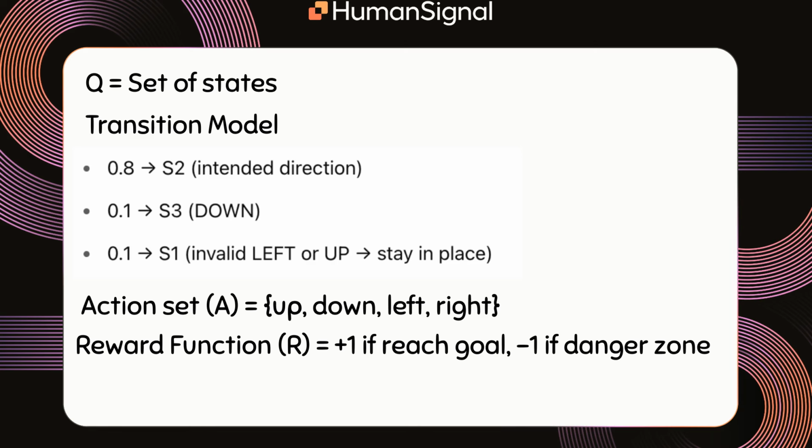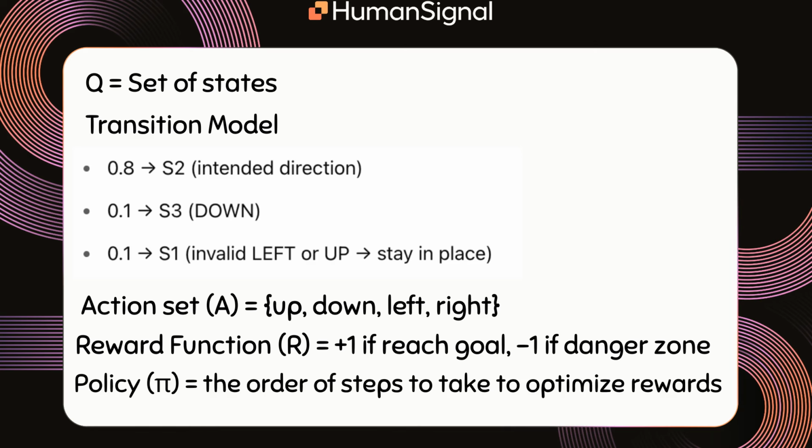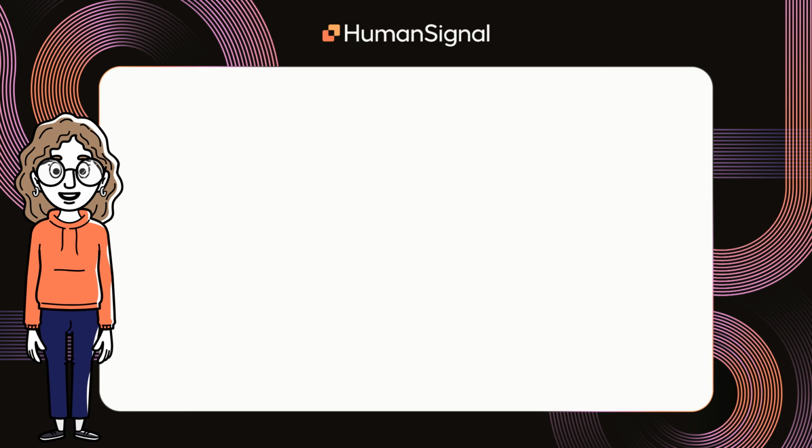For example, an agent might get +1 points for reaching a goal or -1 points for stepping into a danger zone. Finally, Markov decision processes have a policy, which we use pi for. The agent learns this policy, looking for one that optimizes the total reward over time. We use the Bellman equation to figure out the optimizations for each state at each time. When we run the algorithm, we do a value update and a policy update, repeating each step until the policy eventually converges. And that's it!